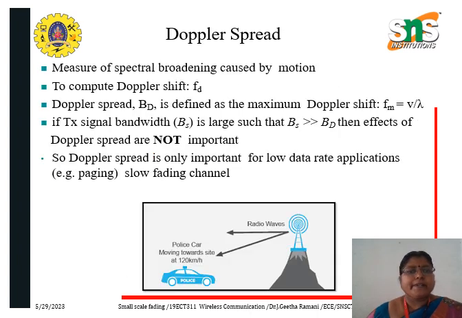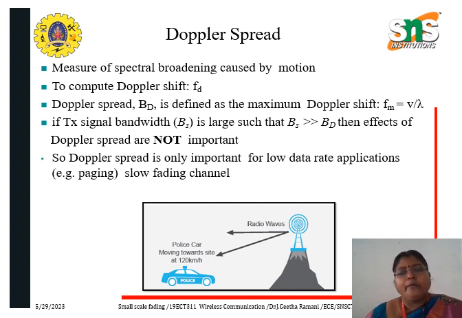So the Doppler spread is the measure of spectral broadening caused due to the motion. In order to compute the Doppler spread, we consider the Doppler shift, FD, frequency. So Doppler spread BD is defined as the maximum Doppler shift, that is FM, which is equal to V by lambda.